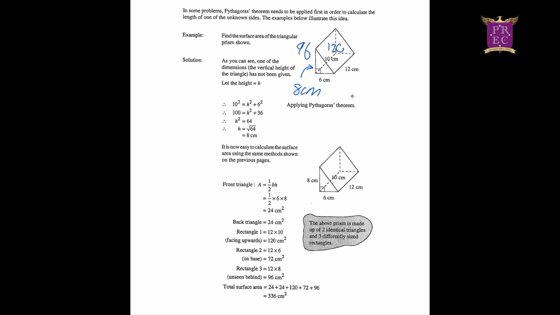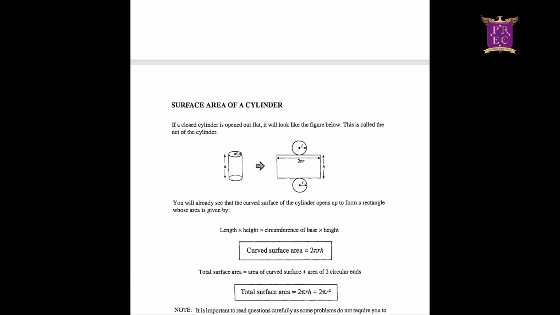And then the rectangle at the bottom is 6 times 12, which gives us 72. We just add these all up. Remember, these are all square centimeters. We can put the units there as well, and add these all up to get 336 square centimeters. Okay, and that's our answer.